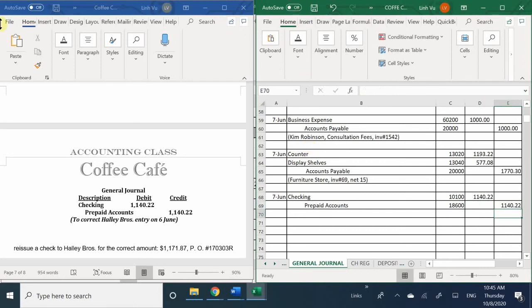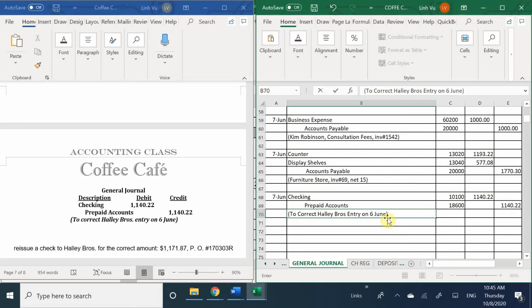I'm also going to make sure that I indicate here that I'm correcting the entry to correct the Haley Bros entry on the 6th of June.